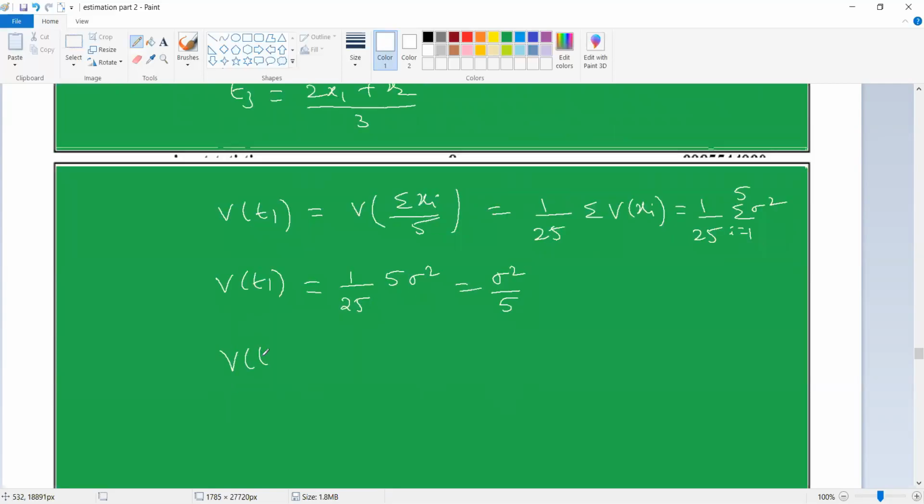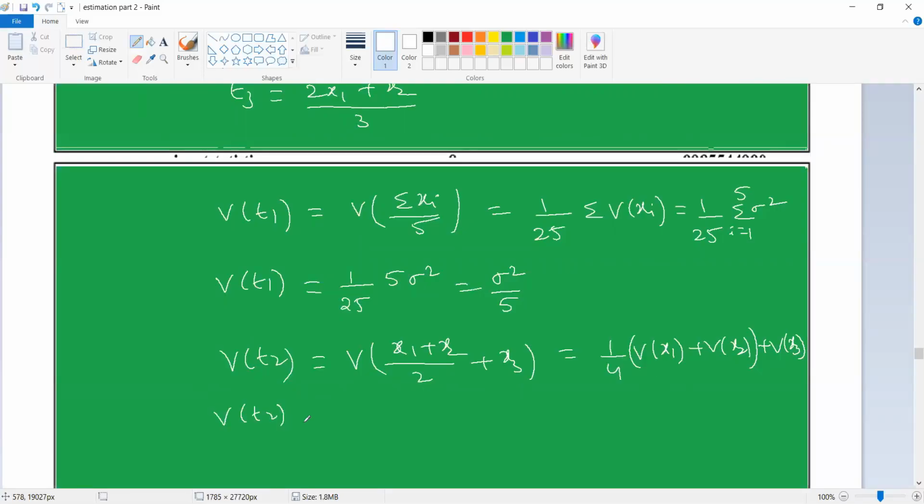Now variance of T2 is equal to variance of (X1 plus X2) by 2 plus X3. X1, X2, X3 are independent, so applying the variance properties, 1 by 4 variance of X1 plus variance of X2, plus variance of X3.